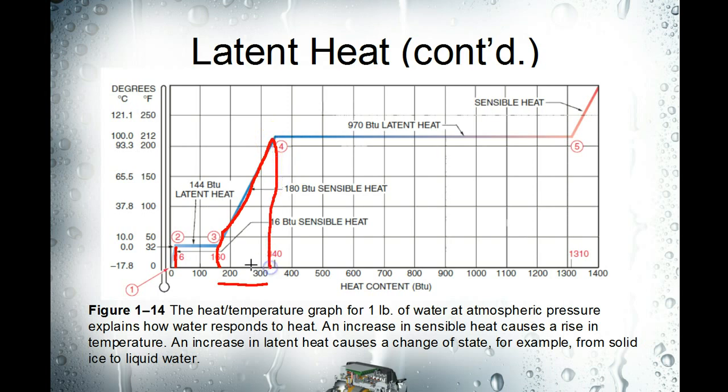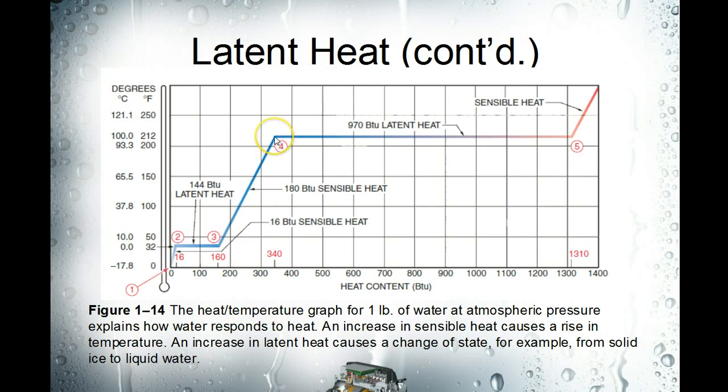If you follow this down, it's only 180 BTU required to heat that water, 1 pound of water for example, from 32 degrees up to 212. It doesn't take a lot of molecular energy or heat to raise the temperature as far as sensible heat goes.